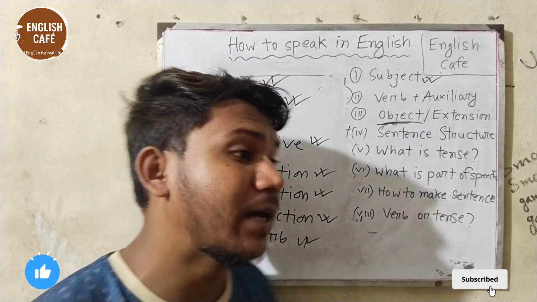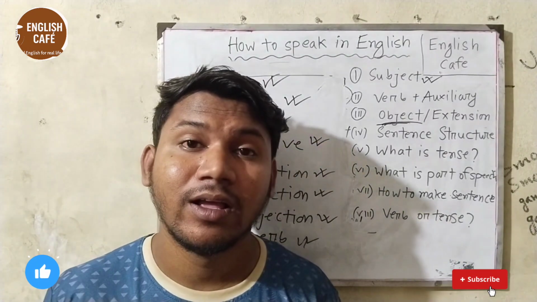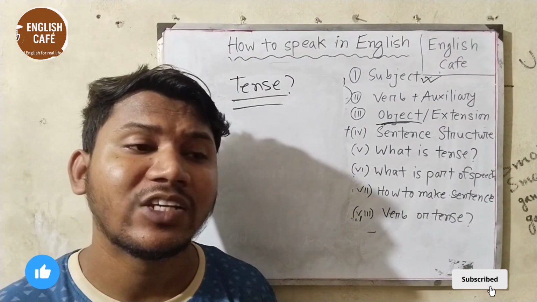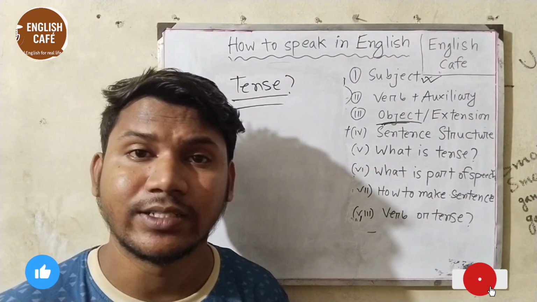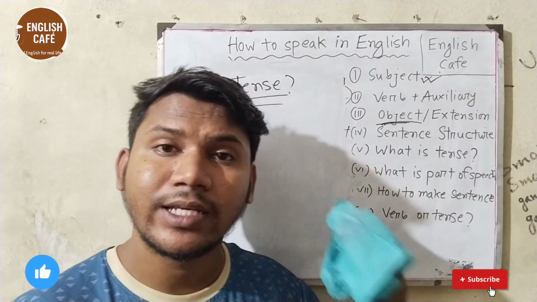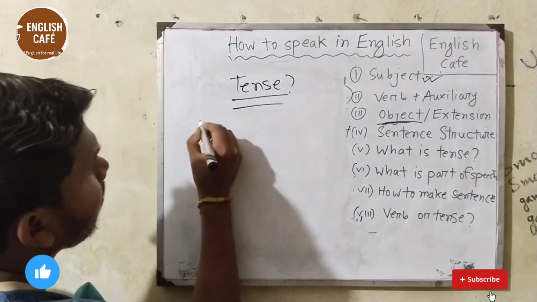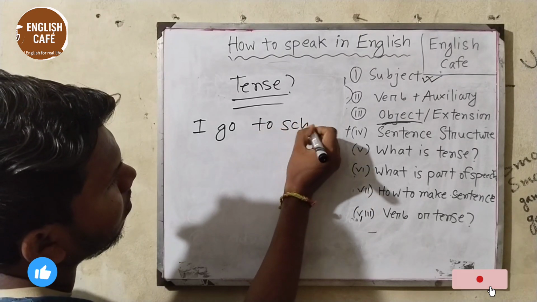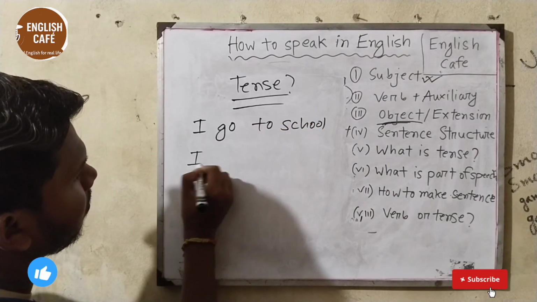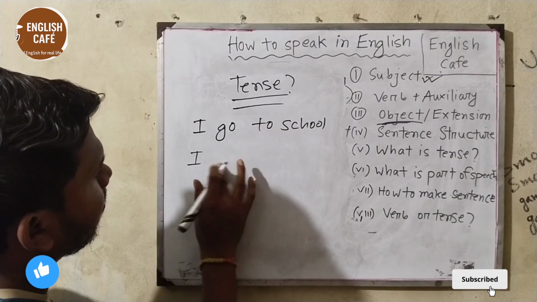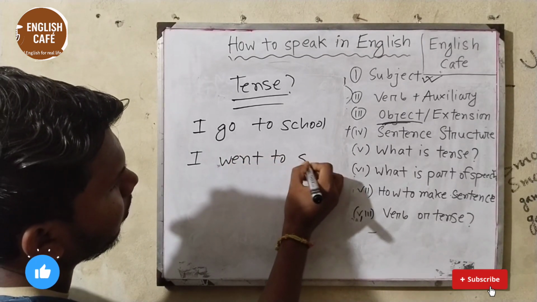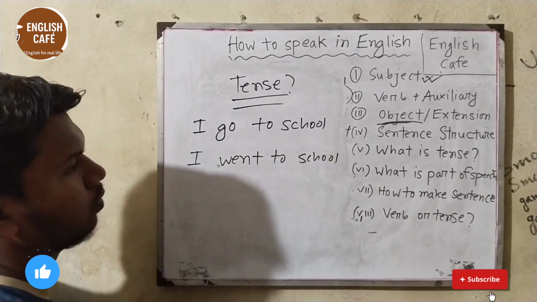Now we will discuss the most important thing in English grammar, that is tense. So what is tense? We can define tense as the time of a sentence. So I am writing 3 examples here. Like I go to school. I went to school.